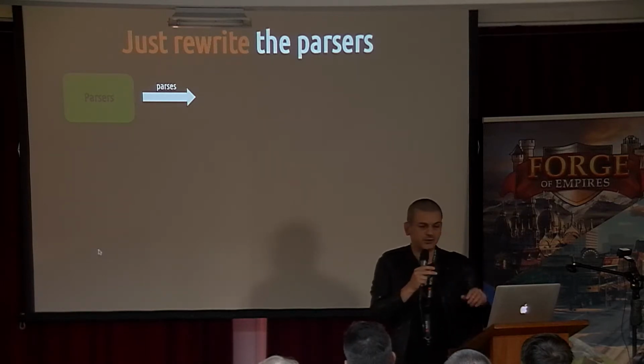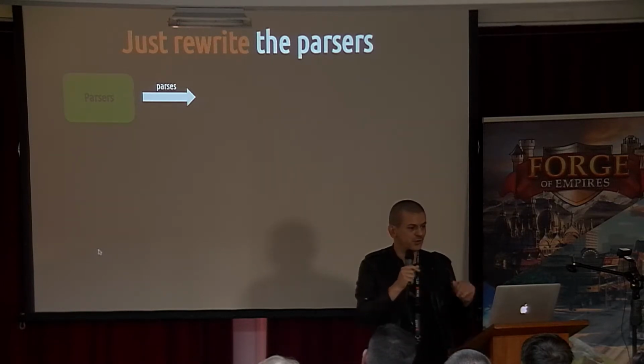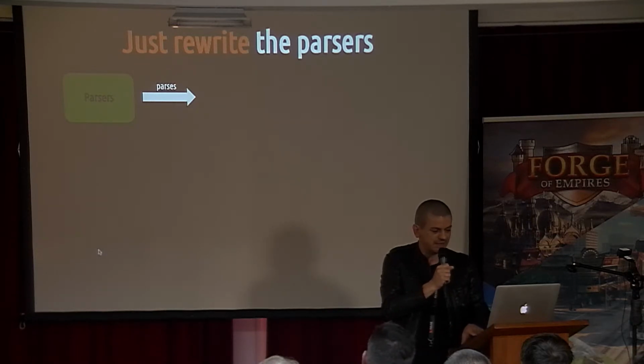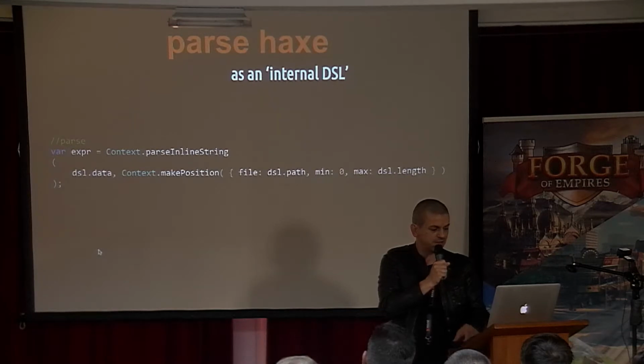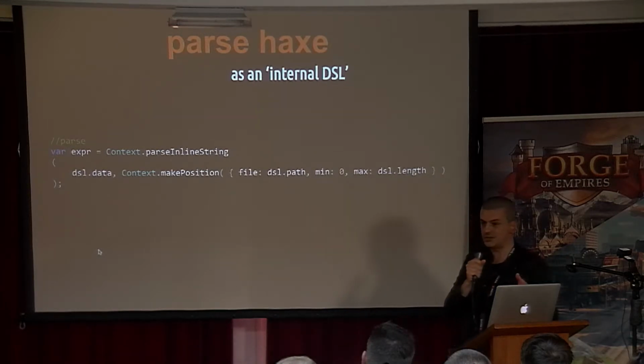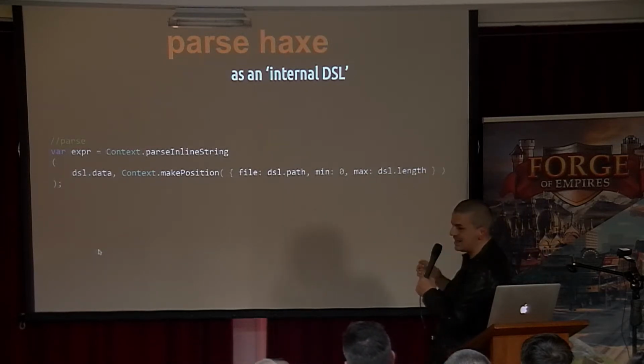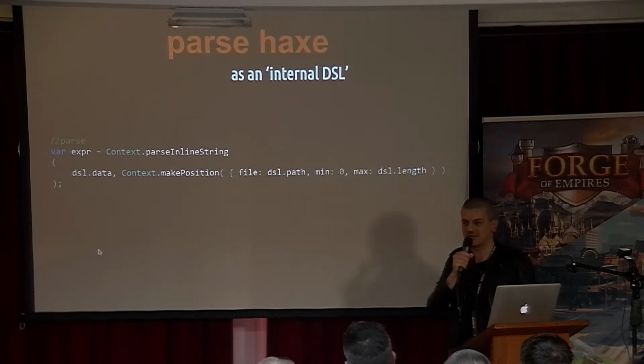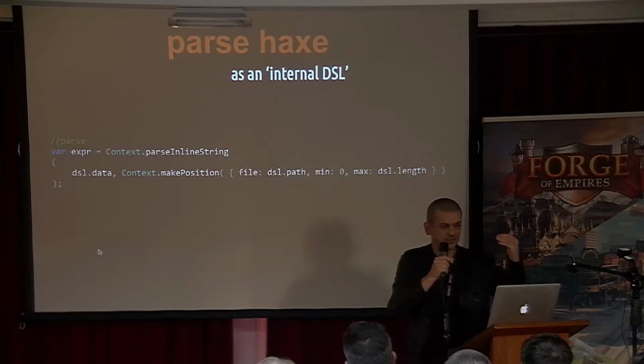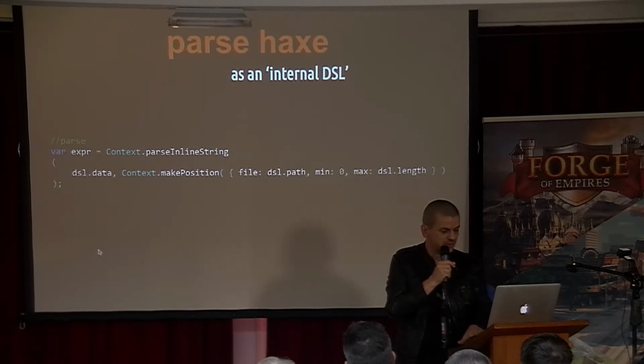I split my code already before going for this big refactoring, and I already had parsers, so I just had to use a Haxe feature with one line. It's super nice, you should use Haxe, guys. With just this line, I can take the content of a file and transform it as an expression and as a type AST.